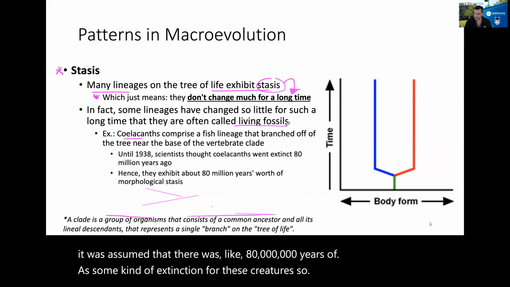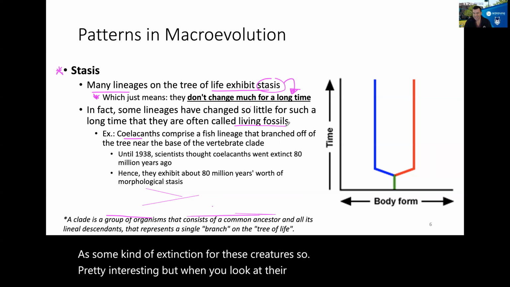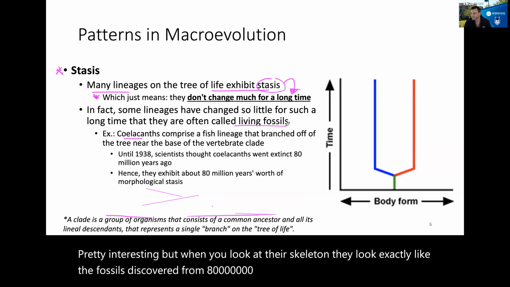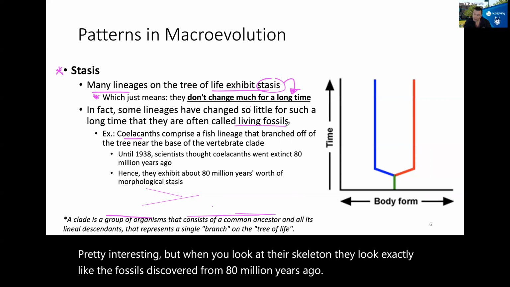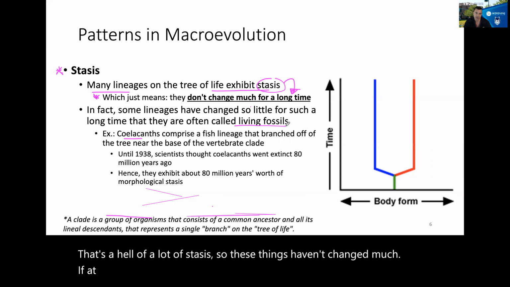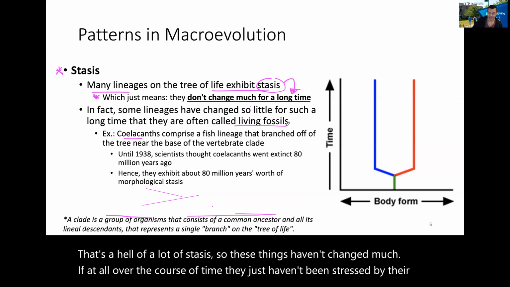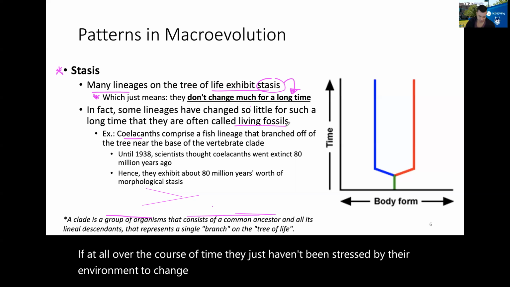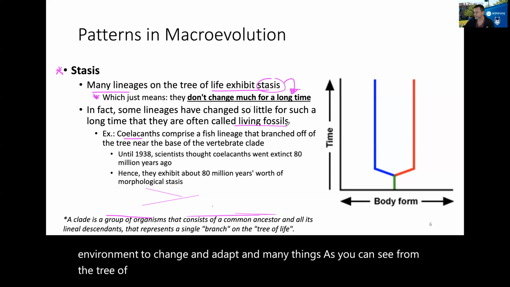But when you look at their skeleton, they look exactly like the fossils discovered from 80 million years ago. That's a hell of a lot of stasis. So these things haven't changed much, if at all, over the course of time. They just haven't been stressed by their environment to change and adapt. And many things, as you can see from that tree of life, have not.